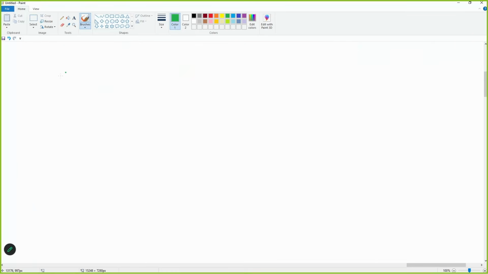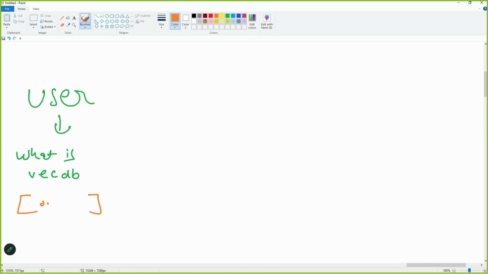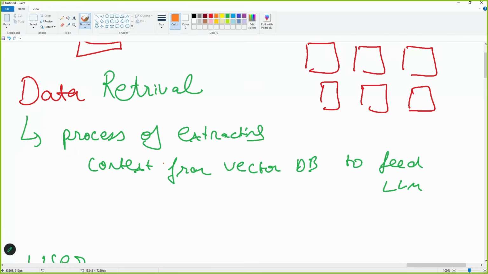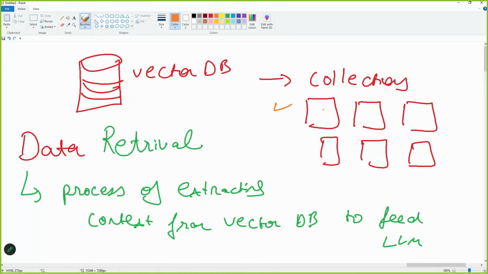So what is going to happen? The moment a user query comes, like what is a vector database, this will be converted into numbers, like 0.1, 0.2, 0.8. The moment the new user query has come, this query will be converted into a vector. This vector will be compared with all the collections: first, second, third, fourth, and fifth collection.